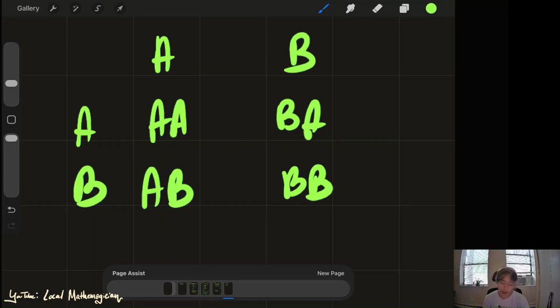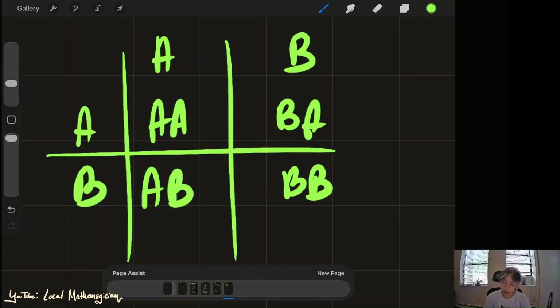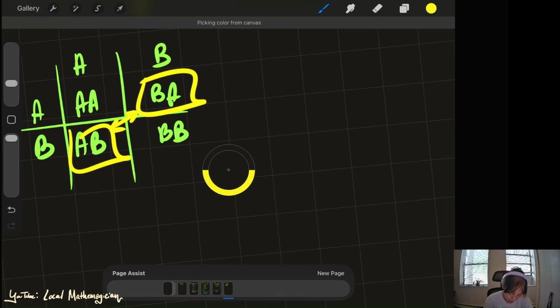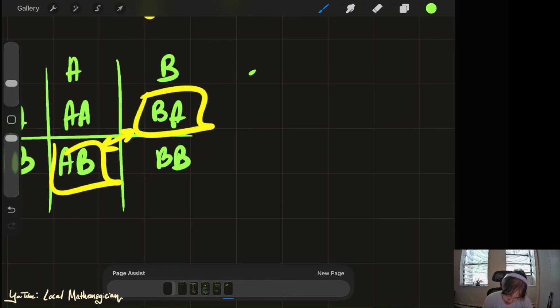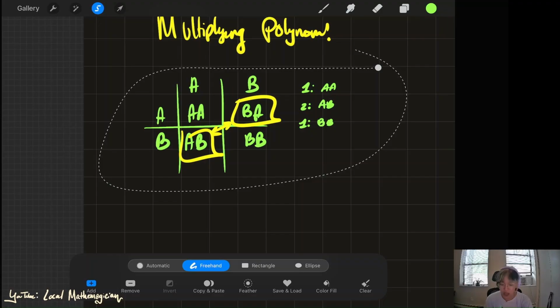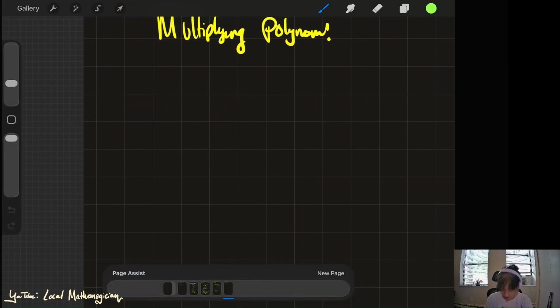If you do probability on this, you'll notice that everyone accepts that these two are the same, right? You'll have 1 AA, 2 ABs, because AB and BA genetically are the same, and 1 BB, right? Multiplying polynomials is the exact same thing.